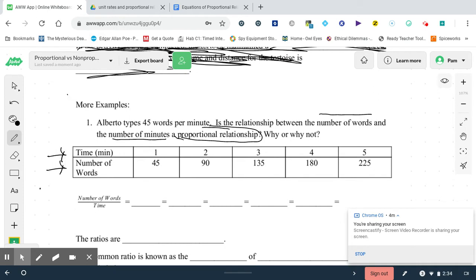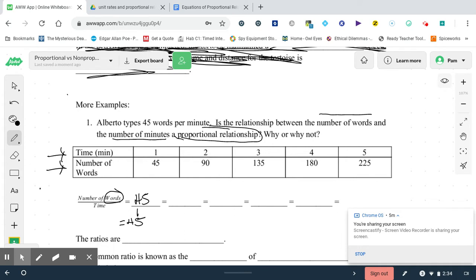So we're going to take words and divide by the number of minutes, and we're going to do that for each one of these columns. So we're going to take 45 and divide it by 1, because there's 45 words and the time for 45 words is 1 minute. 45 divided by 1 ends up being 45.